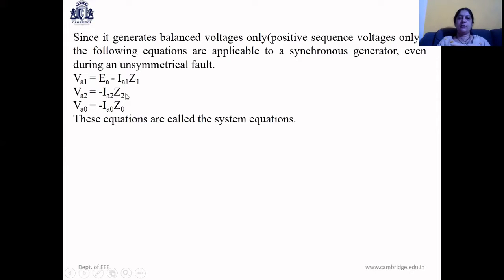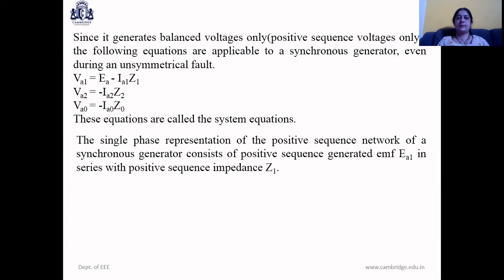VA1 equal to EA minus IA1 Z1, VA2 equal to minus IA2 Z2, VA0 equal to minus IA0 Z0. These equations are called the system equations.